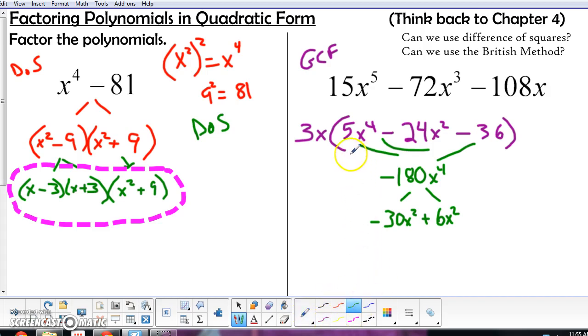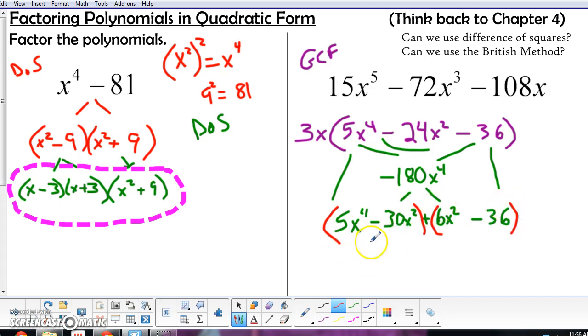Now, I bring down the outside terms, 5x to the fourth, and a minus 36 at the end. I've turned my 3 terms into 4 terms, so now I'll use grouping to factor those a little bit further.